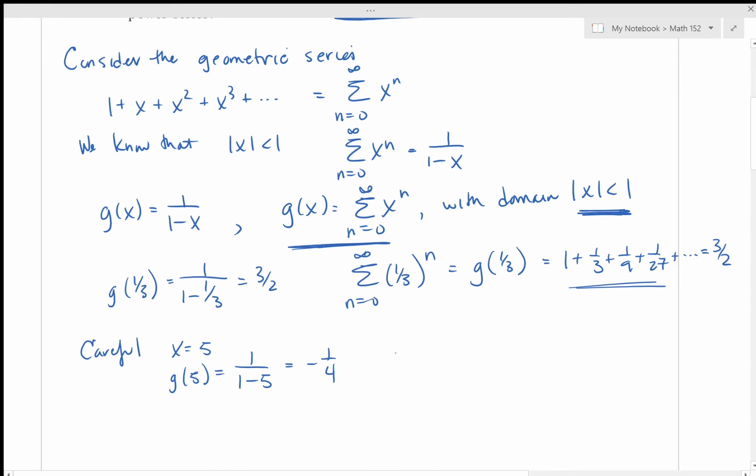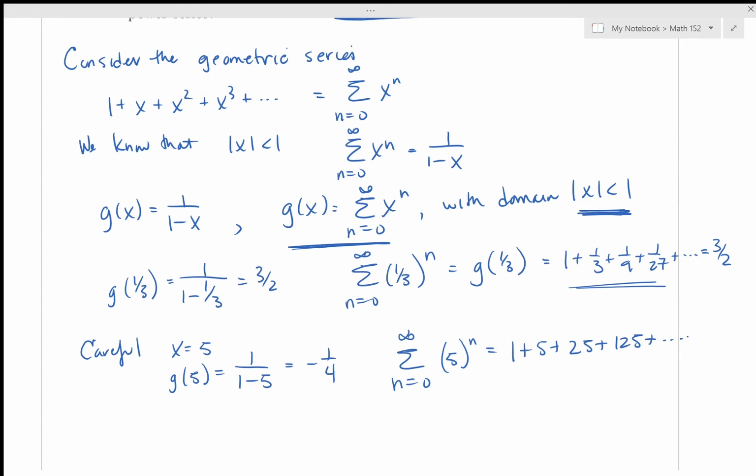It does not then make sense on the other side to go like this. If I looked at this sum, n equals 0 to infinity of 5 to the n, I would get 1 plus 5 plus 25 plus 125 plus dot dot dot. I'm not going to claim, at least in the constraints we're looking at here, that this is equal to -1/4.